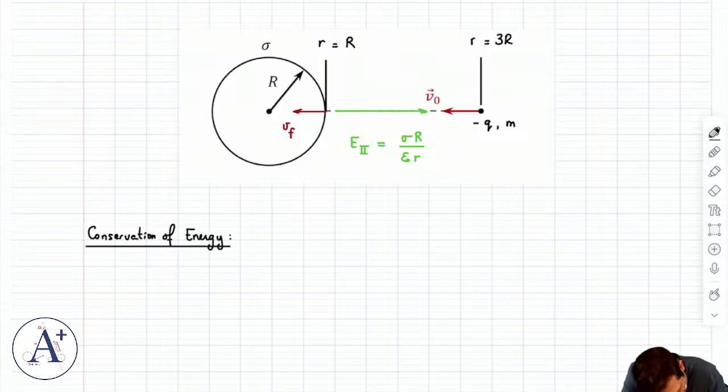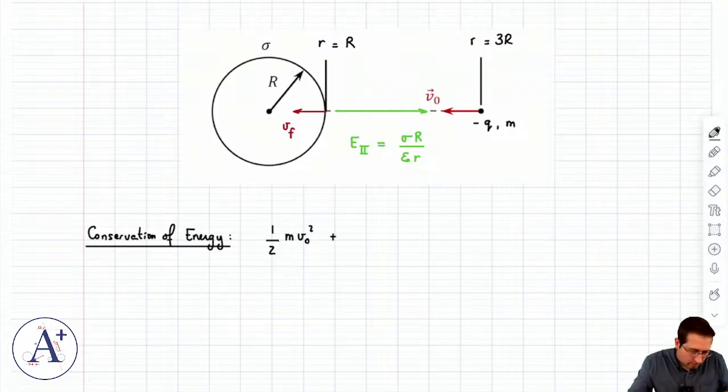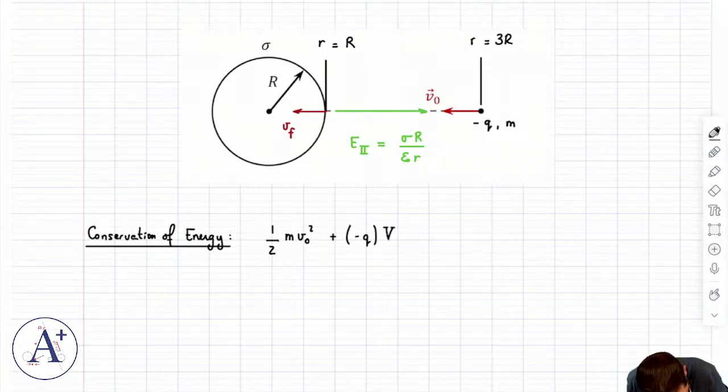My initial kinetic energy here is going to be 1/2 m v0 squared, and then plus, well, I need electric potential energy. Electric potential energy is QV. So this is going to be minus Q times V initial.